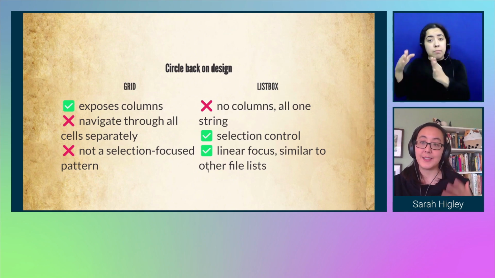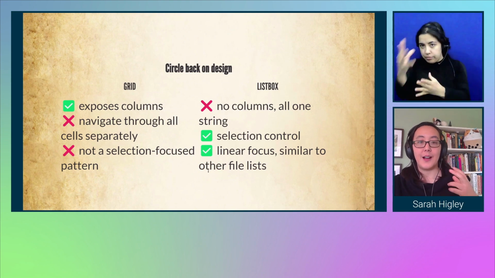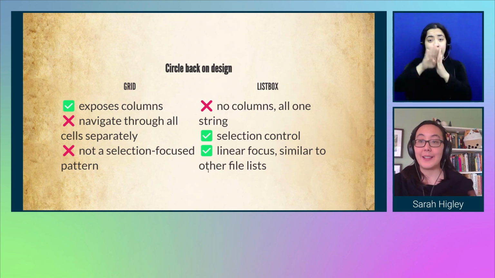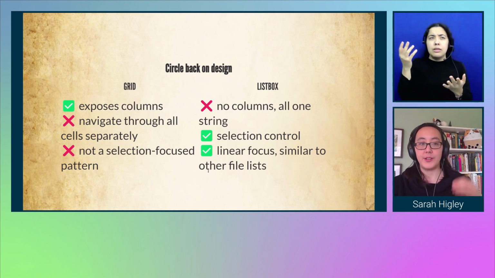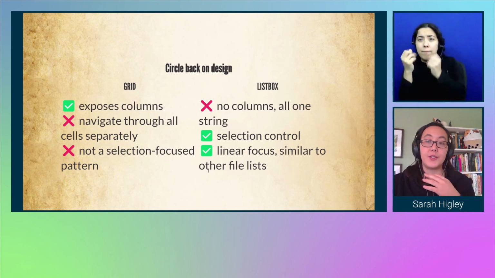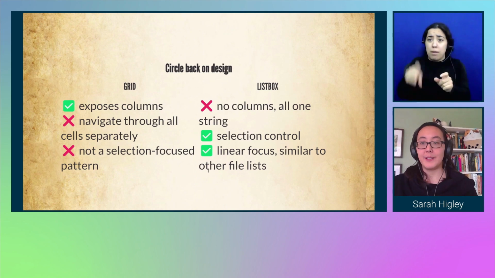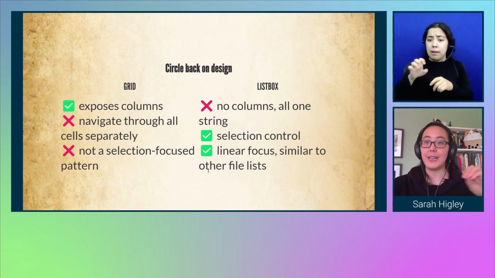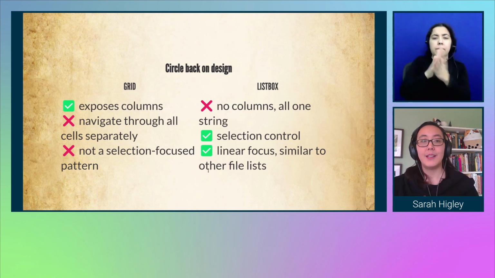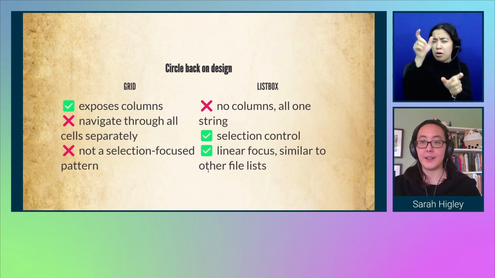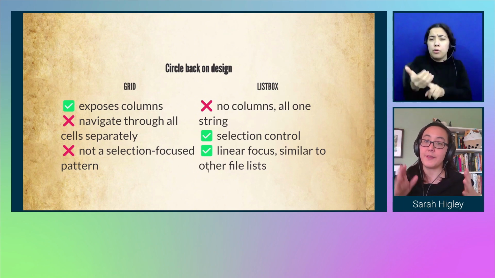So a good thing to ask your designer and to think about, if you're a developer like me, is how important is the column information? Is there only one other column? Are there a couple other columns? Do those need to be columns? Could the file size and type be a description for the file name, which is the name of the item, versus separate columns? Something to look at is on small screens, does that information go away?